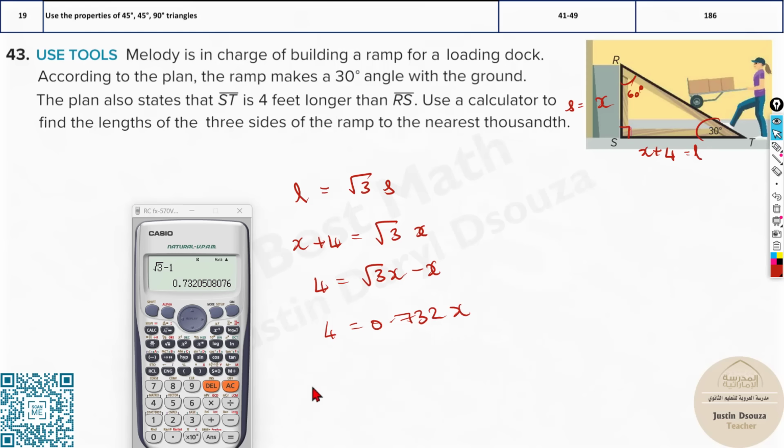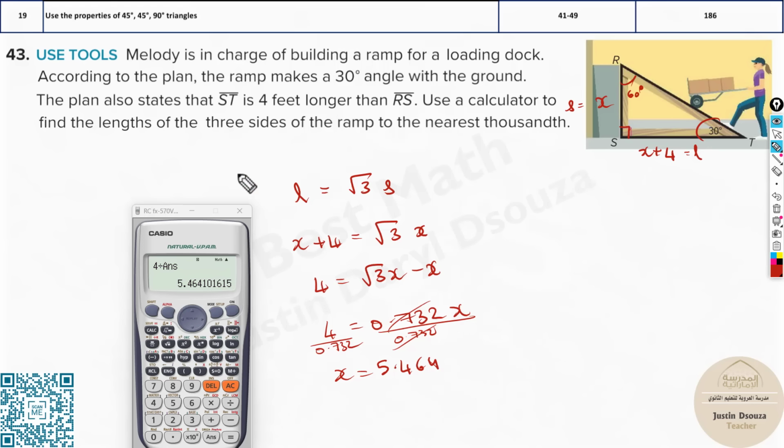That will be division. So it'll be 4 divided by this answer, that is 5.464. So that is the dimension of x. x will be equal to 5.464. How? Divide both the sides by this value. So this cancels over here, and over here we get 5.464.